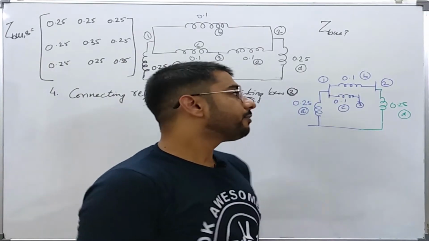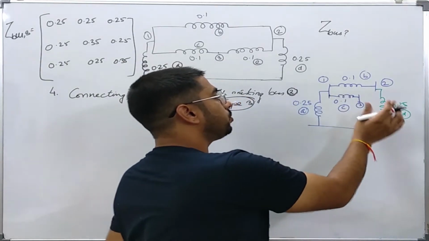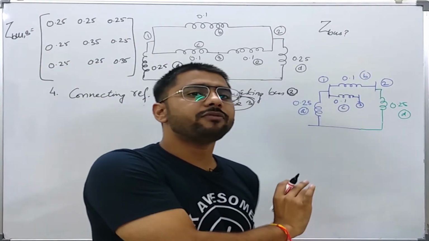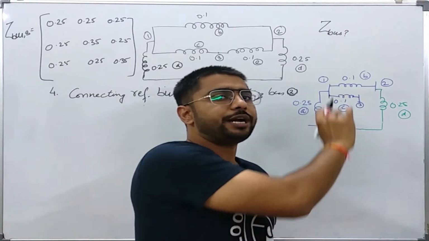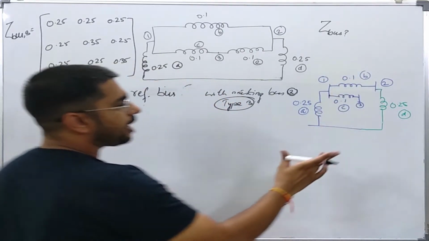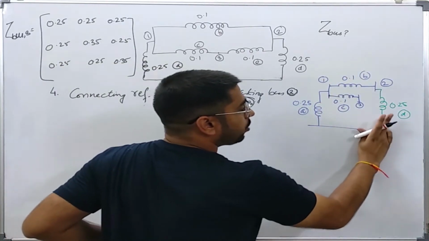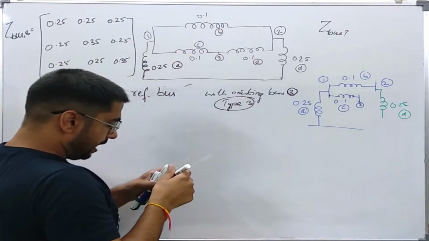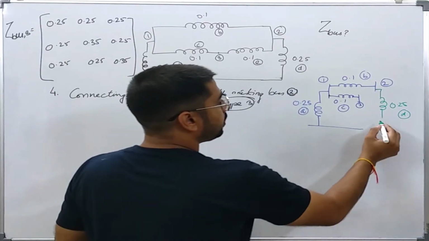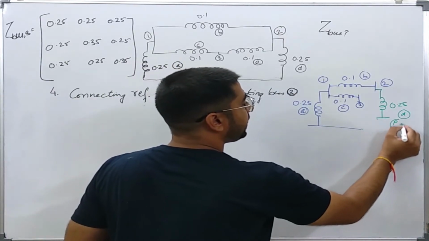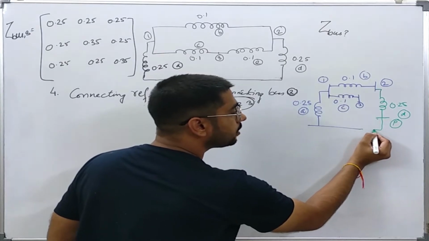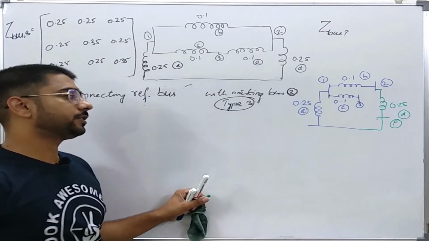So you see what we are going to do, we are going to write the equation same as type 2 modification, and then we will eliminate the last row and the column corresponding to the new bus. That is what we are going to do. We are going to introduce a new bus, let us say bus number P, and then we are going to connect this bus to the reference bus.